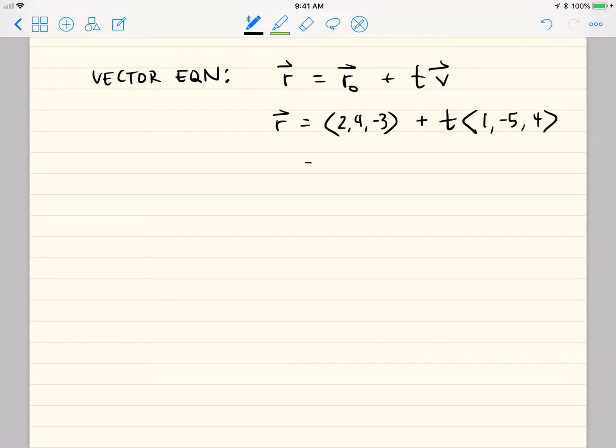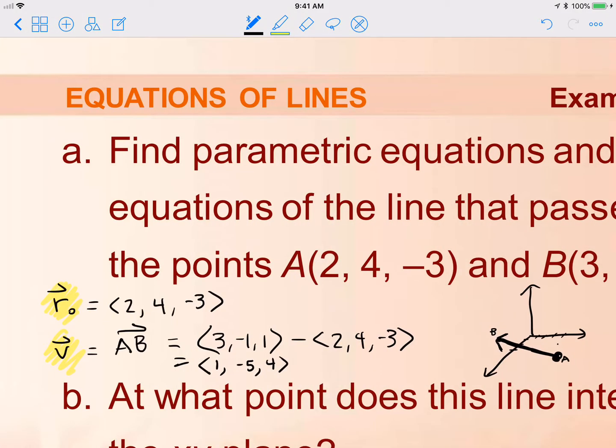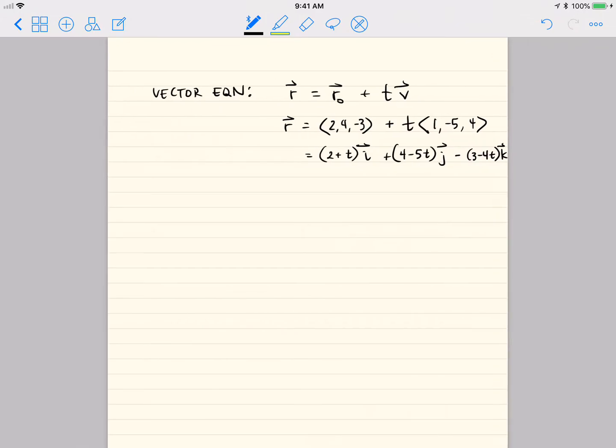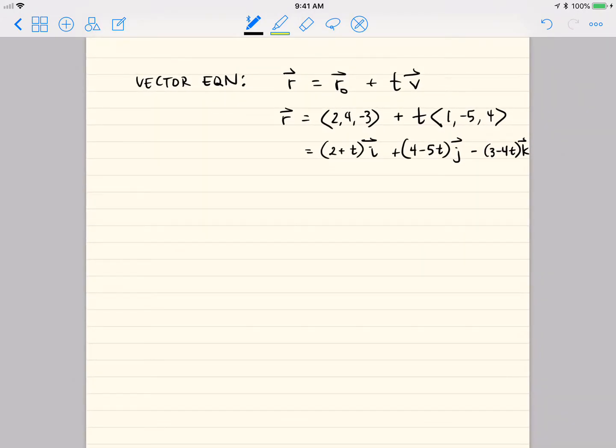I can write that as (2 plus t) i, plus (4 minus 5t) j, plus (negative 3 plus 4t) k. Okay, that's the vector equation. And then this is just practice, right? Parametric equations. Let's write our parametric equations.